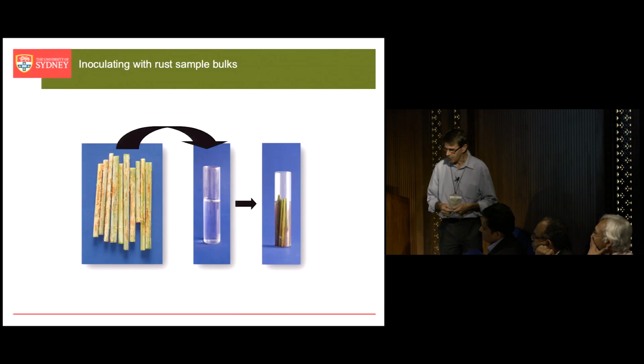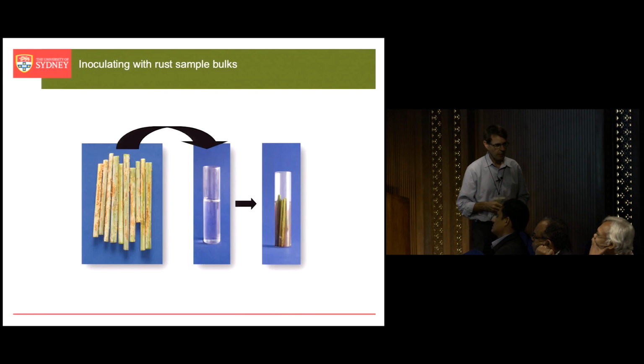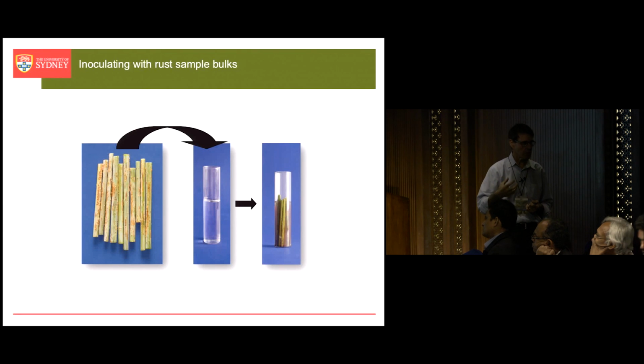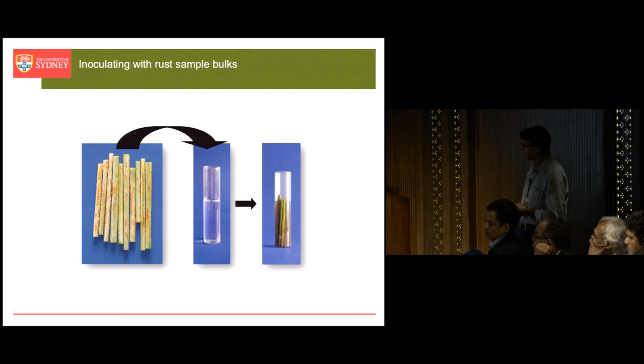How do we get the rust off those? Well, some laboratories, when they're doing race analysis, will actually go through a cycle of establishing single pustule isolates and then do the race analysis, then do the pathotype analysis. We just use a bulk. So we will take a sample like that from the field, put it in some mineral oil, mix it up.